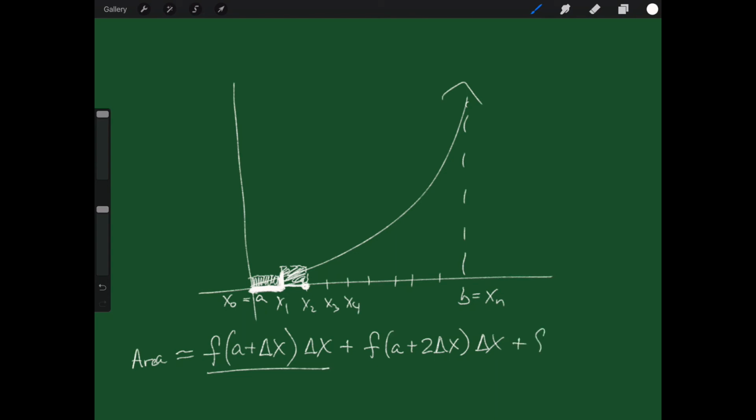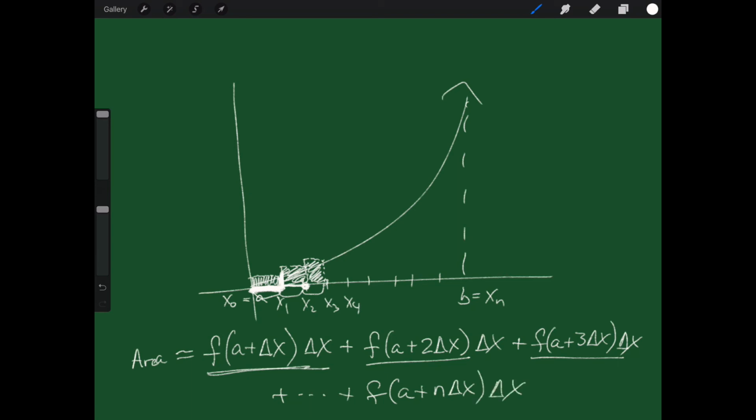The third one would be f of a plus 3 delta x times delta x. And I think we get the idea. 1 delta x, 2 delta x's, 3 delta x's, take the height, then take the width, and we get our third rectangle. So this is the first rectangle, second rectangle, third rectangle, plus, and so on. And my very last rectangle would be f of a plus n delta x's times delta x.